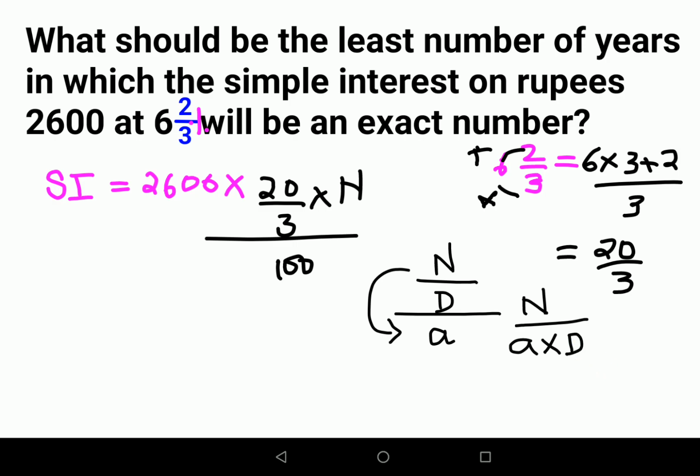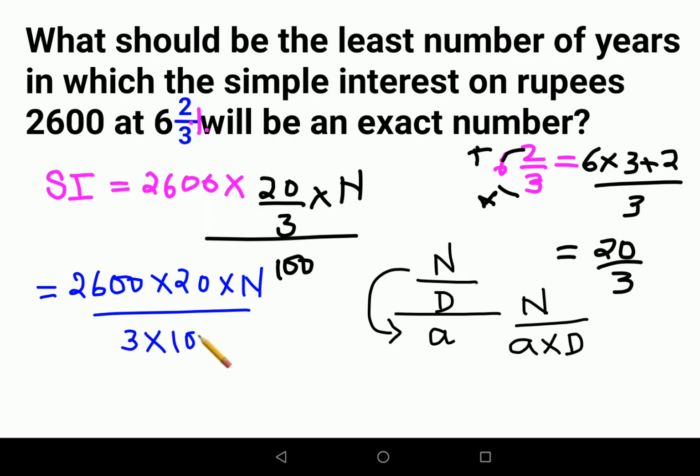Using the same logic, this can be written as 2600 into 20 into n upon 3 into 100. The zeros are cancelling, but apart from them nothing else is cancelling.